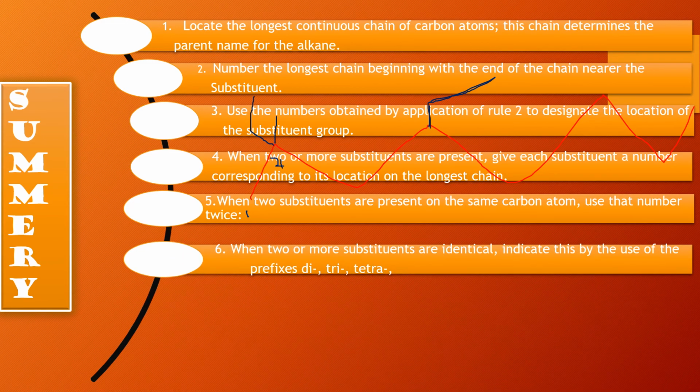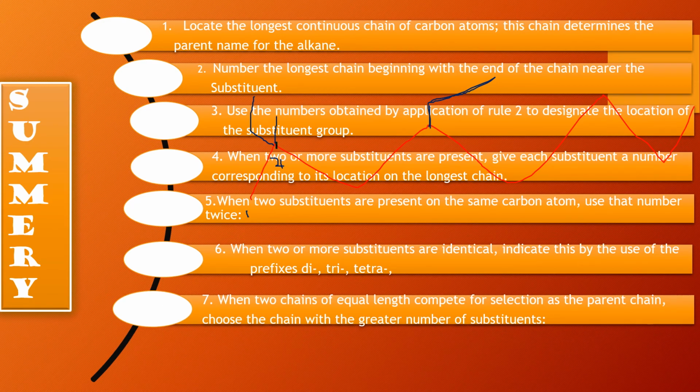The sixth is when two or more substituents are identical, indicate this by the use of the prefixes di and tri. So you can see here at the second position there is an ethyl group, right? And at the fourth position there is an ethyl also. So we will name it 2,4-diethyl, right?